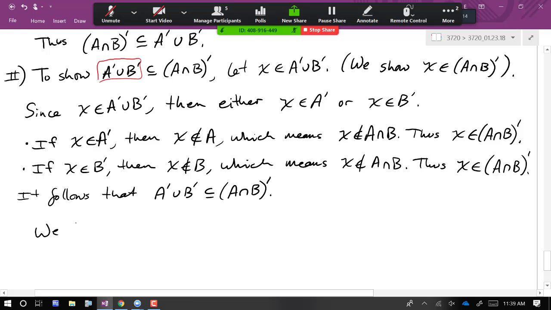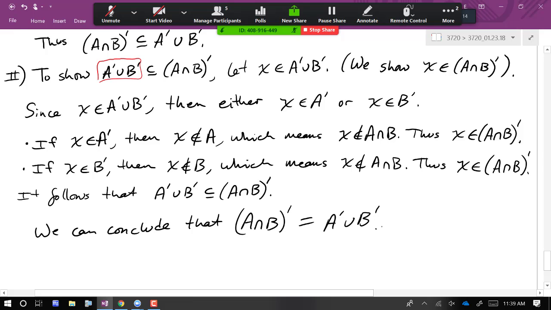So maybe we have shown, or we can conclude, whatever words you like to use, that A intersect B complement is equal to A complement union B complement.